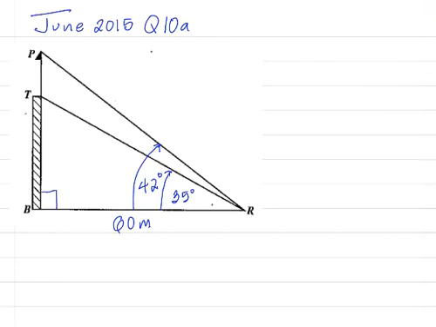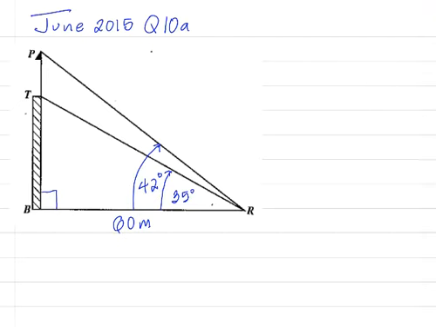the right angles, the angles of elevation, and the 60 meter distance. Alright, next we're asked to calculate the length of the flagpole, giving your answer to the nearest meter. So the flagpole is TP. There's only one way we're going to calculate that.